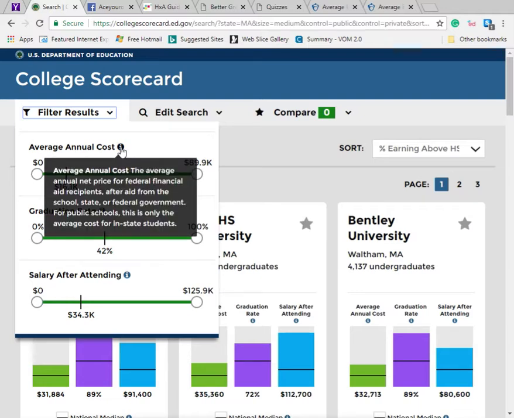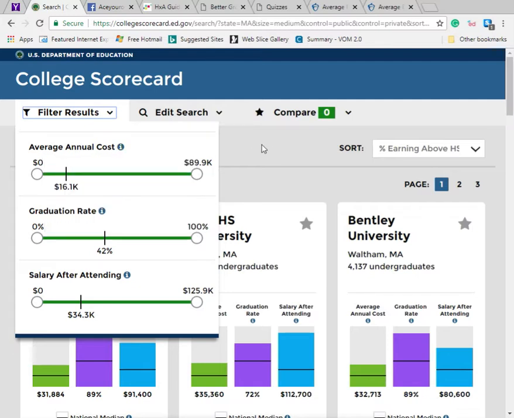Well, if you hover over the information here, this is only the annual net price for federal financial aid recipients. And you want to understand that this is not going to be your actual cost or anywhere near it. I'll get into that in a moment, but think 2 to even 3 times that. So just leave that selection unchanged.